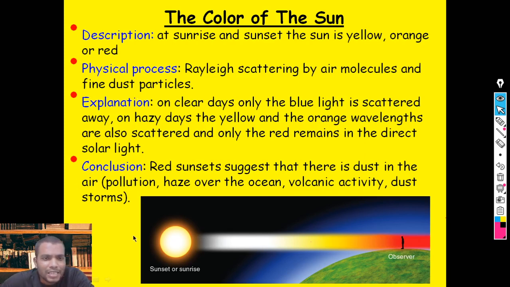Scattering happens due to the interaction of light with the particles which are present in the atmosphere. So it depends upon the size of the particle.